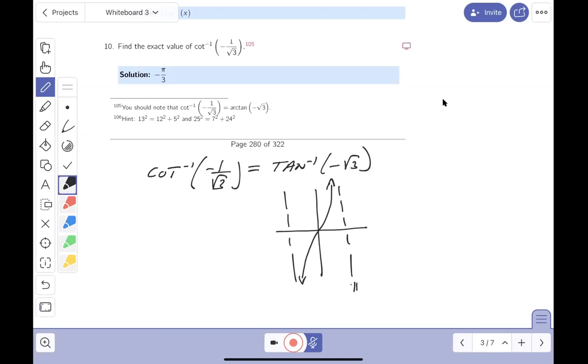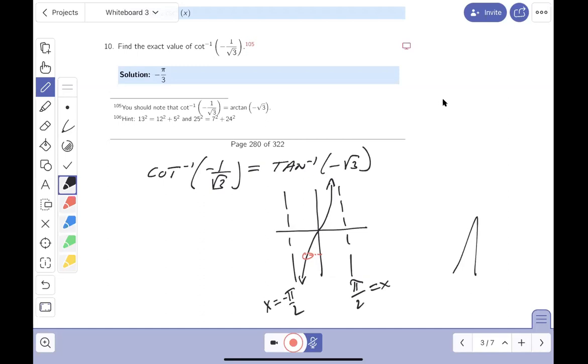This is x equals pi over 2, and this is x equals minus pi over 2. You're going to find the ratio minus root 3. And now I know the angle is between minus pi over 2 and 0. But what is the angle? Well, I bet it's something with a reference triangle. I'll put this over here.